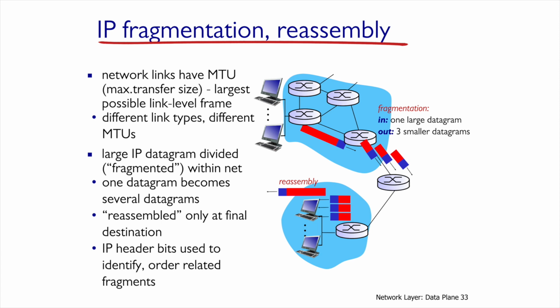We saw that when we reached the router, to its left the MTU is larger, and to its right the MTU is smaller. Therefore, the large datagram cannot fit into the smaller MTU size. Let's assume it was 1500 on the left, and on the right we had a size of 600. And so the datagram was divided into 3, and later it was reassembled.